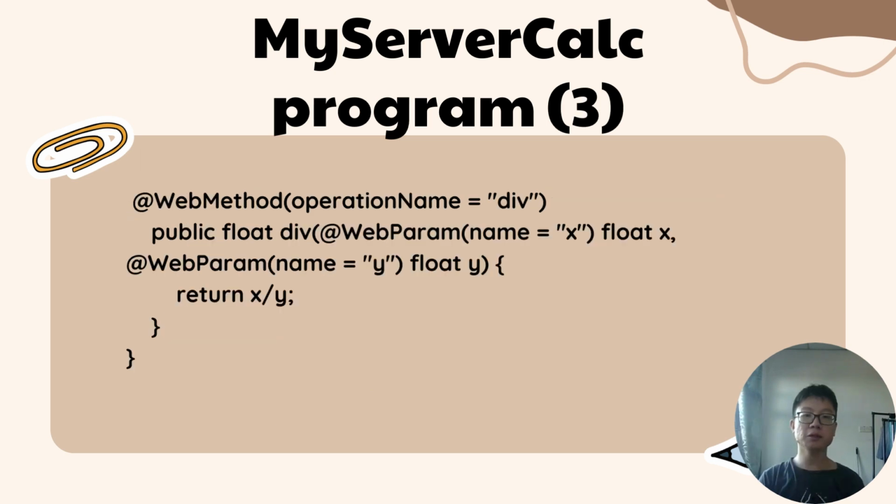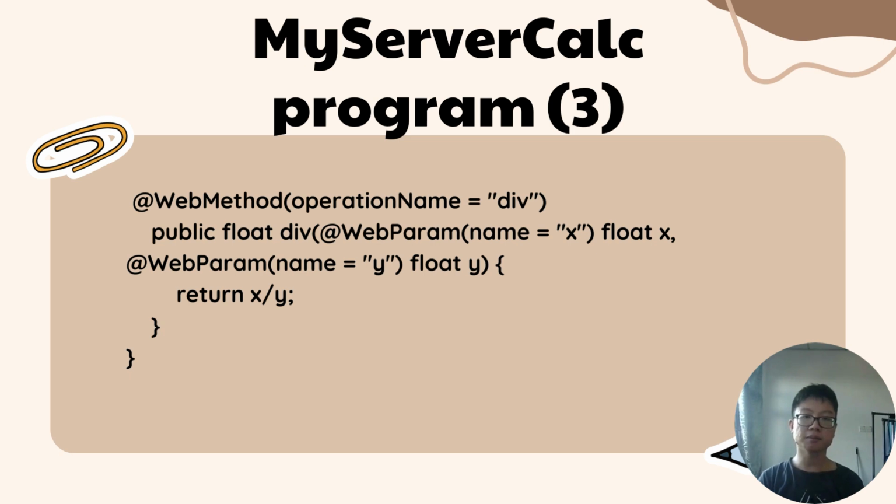The implementation code of each method performs the corresponding arithmetic operation, addition, subtraction, multiplication, or division, using the provided input parameters x and y. The result of the operation is then returned. Each method returns a float value representing the result of the arithmetic operations.